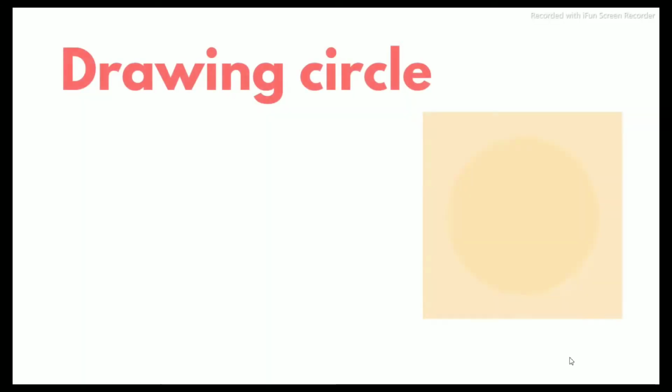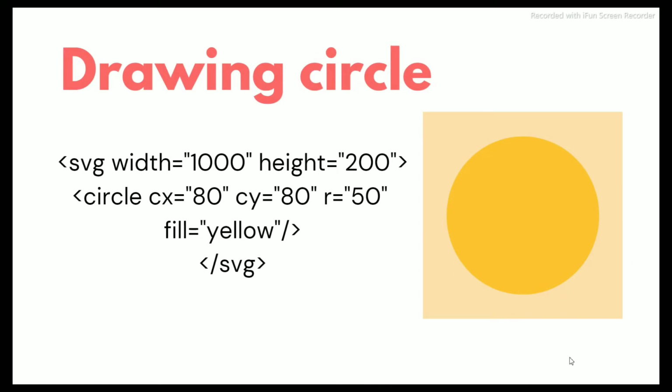Starting with the circle. To draw a circle in SVG, first we have to use the SVG tag with the two attributes, width and height. Width specifies the width of the SVG, and height specifies the height of this element.